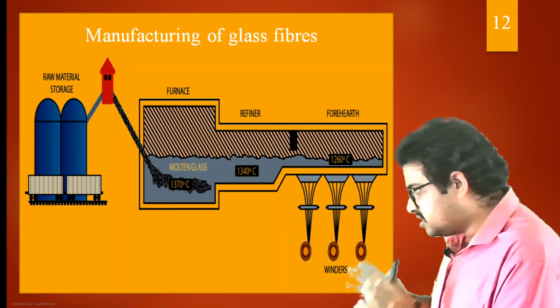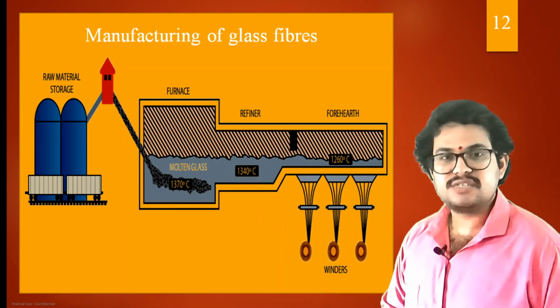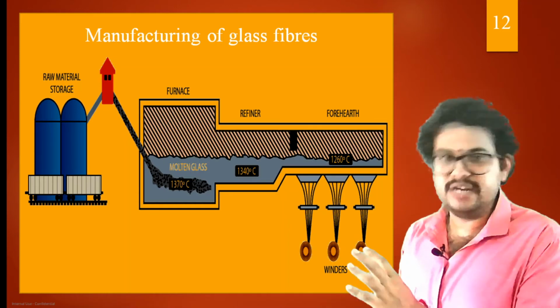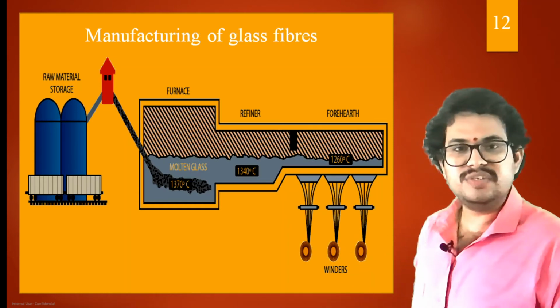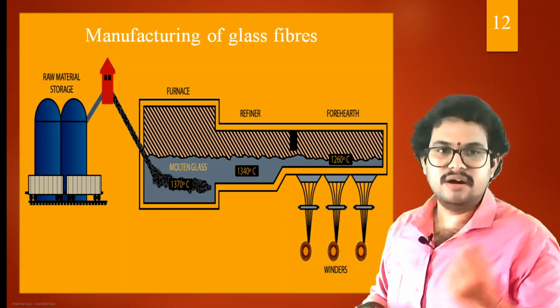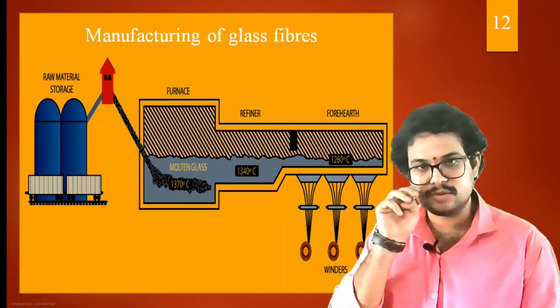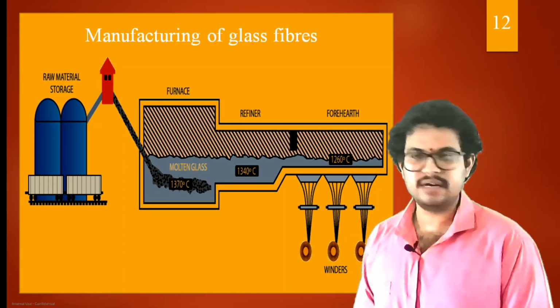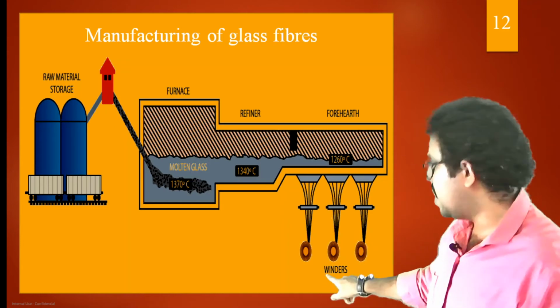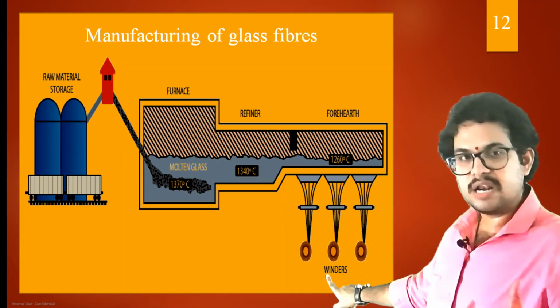At this 1260 degrees centigrade, the glass is in a semi-solid state, neither completely liquid nor completely solid. This semi-solid glass will be drawn so that we get glass wires, which are nothing but our fibers, right? The winders you are observing here are nothing but our creels.